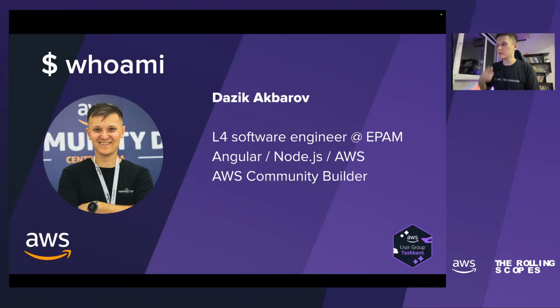You might also notice the small logo of AWS User Group Tashkent at the bottom of my screen. That's because this presentation was prepared for one of our meetups, and I was a bit lazy to remove this logo. I hope you're okay with it too.